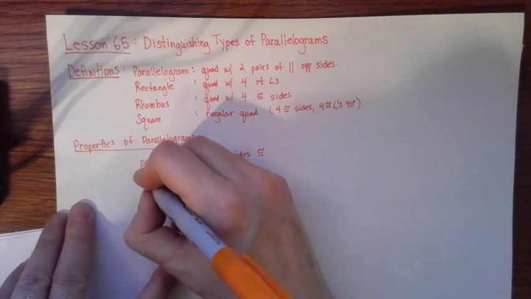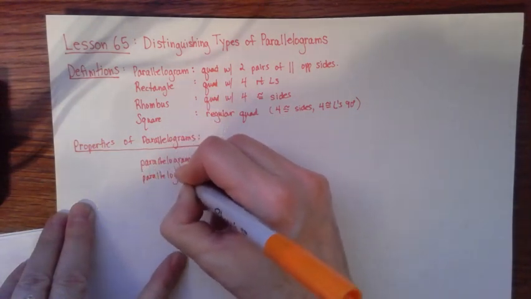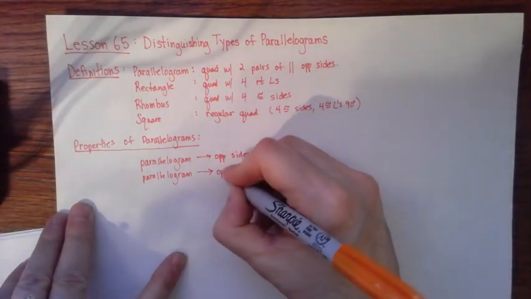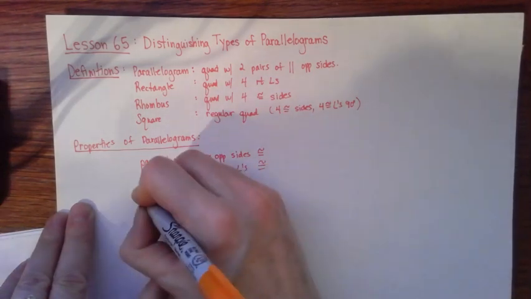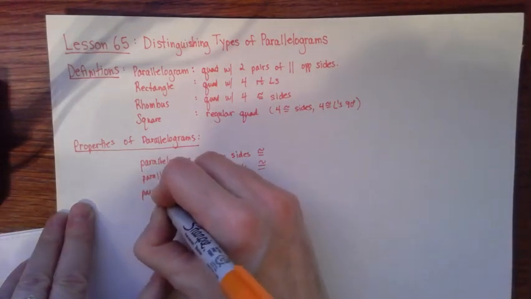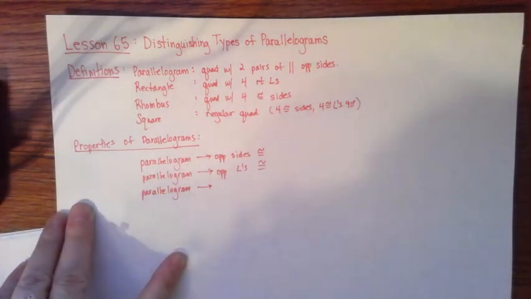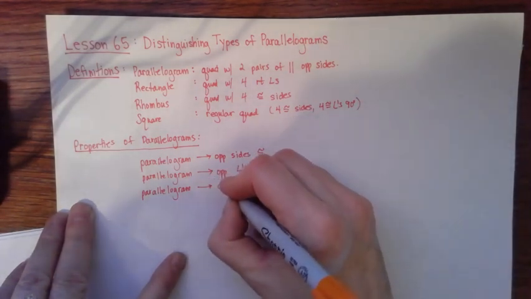If it's a parallelogram, what else do we know? Well, then we know that its opposite angles are congruent. If it's a parallelogram, then we know that the consecutive angles are supplementary.